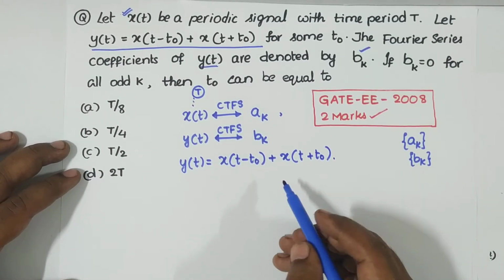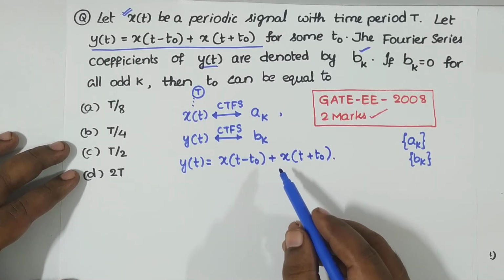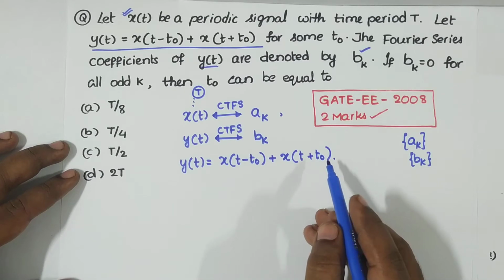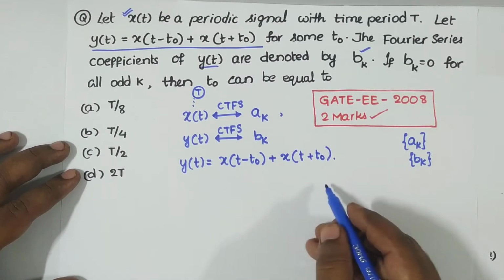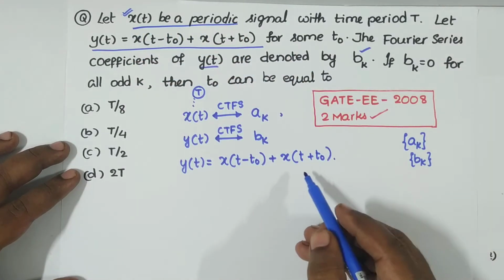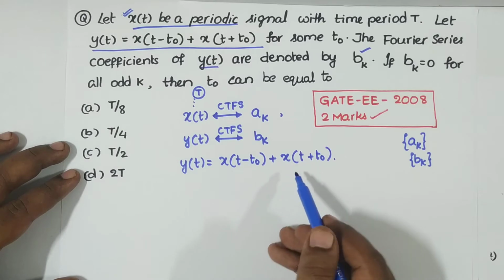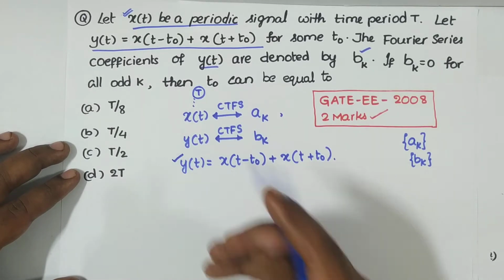We know very well that shifting in one domain is nothing but multiplication by an exponential in the other domain. Okay, so as x of t is periodic, and now you have a linear combination of these two, we also assume y of t is periodic.